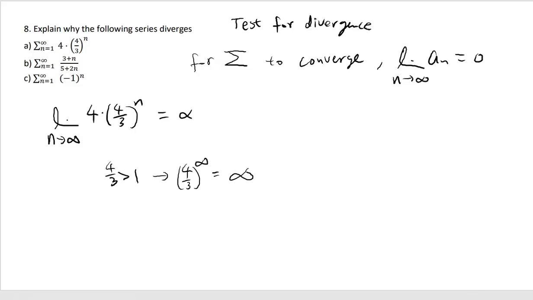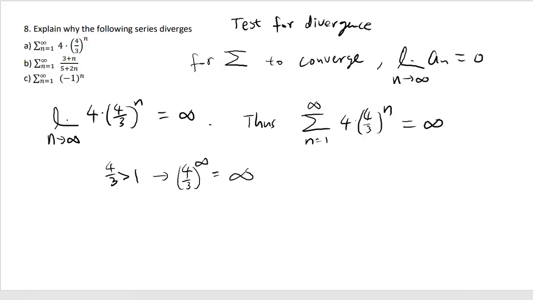Thus, the sum from n equals 1 through infinity of 4 times (4 over 3) to the n will also go to infinity. If you have something that's getting bigger and bigger, and you're adding them, the summation will also be infinity.